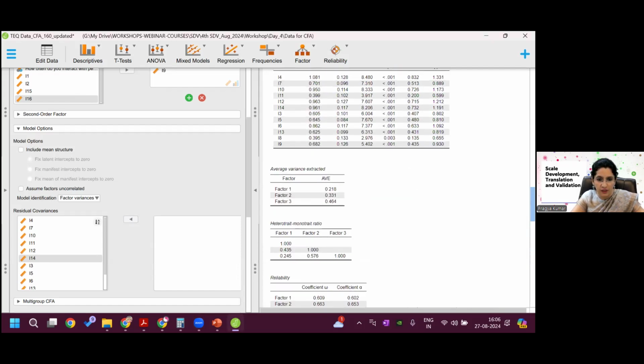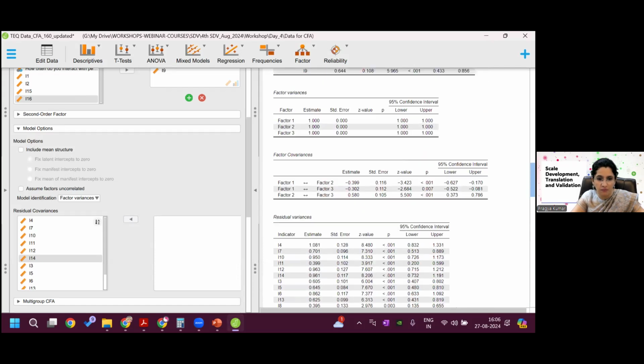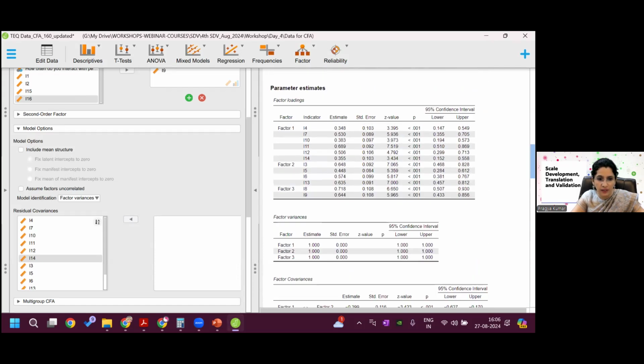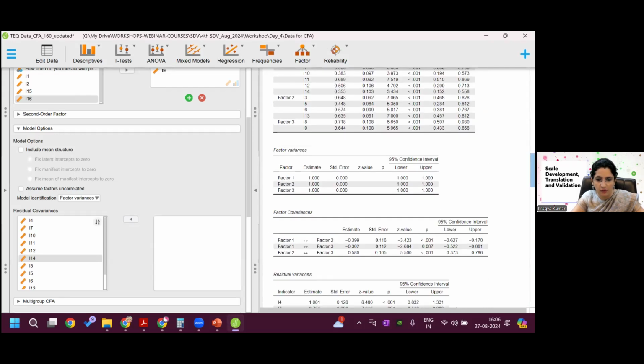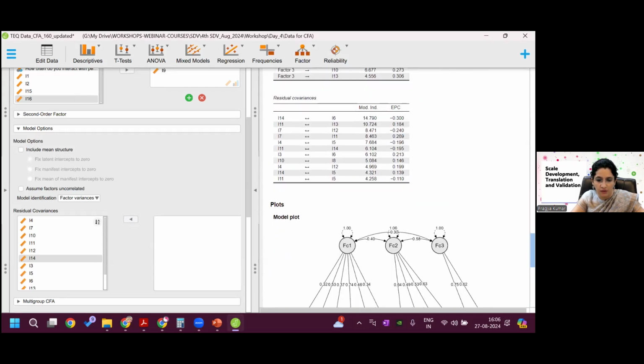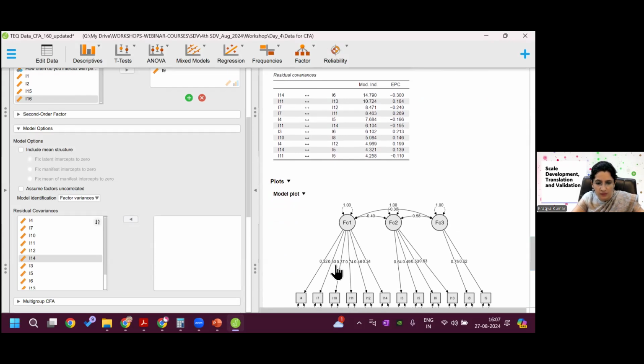If you see this standardized loading of the item, these are the values. I think there is some lower value than in the table. So these are the loadings of these items onto this factor. And these are the covariances.